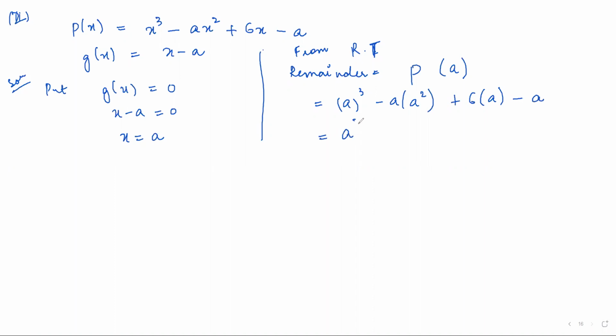That becomes a cube minus a square into a becomes a cube plus 6a minus of a. So a cube minus a cube, that becomes 0, right? Plus now 6a minus a, because both are a, you can subtract. So 5 of a, and that becomes 5 of a.